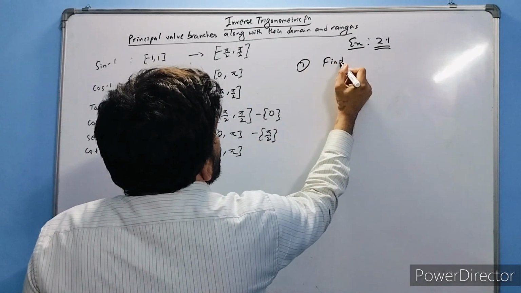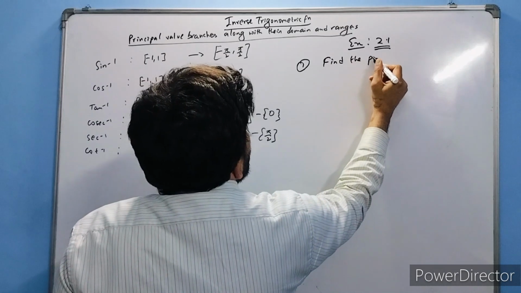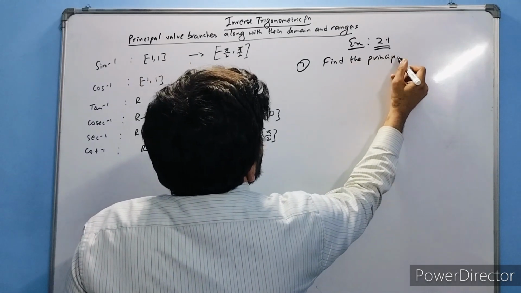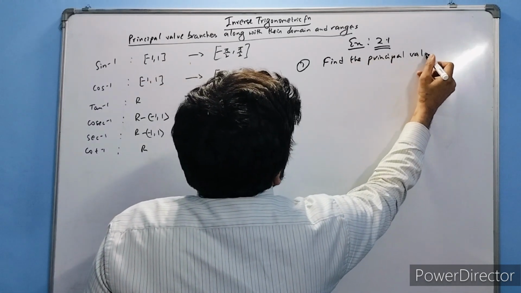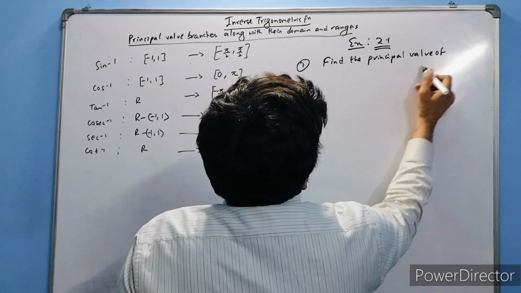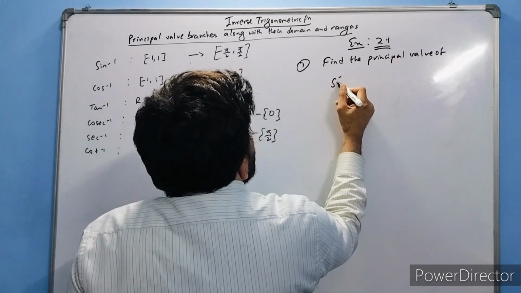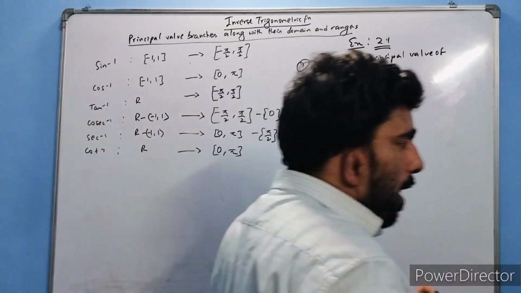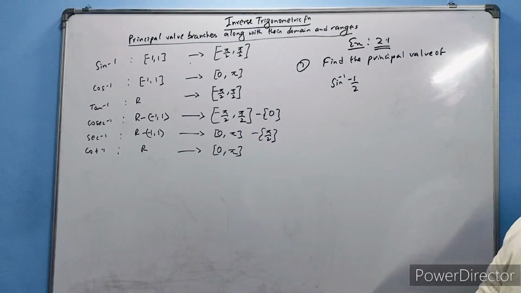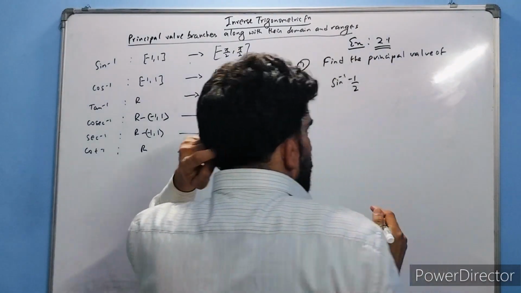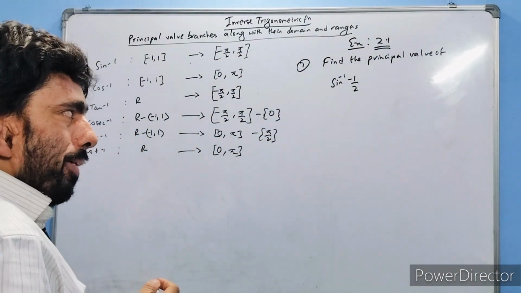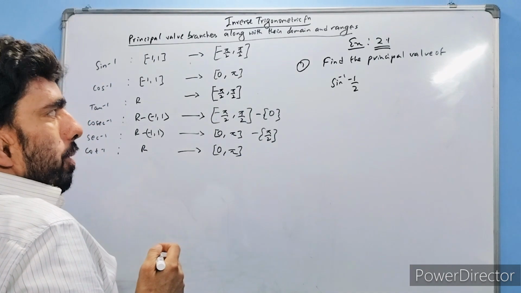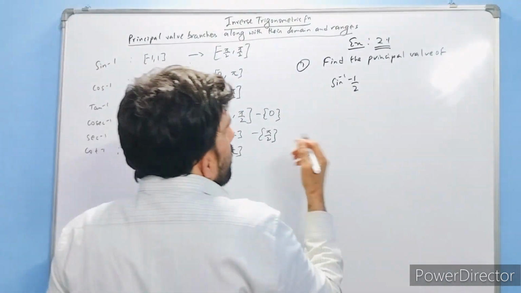Find the principal value of sine inverse minus half. So they have asked the question sine inverse minus half. What we need to do is find the principal value of sine inverse minus half.